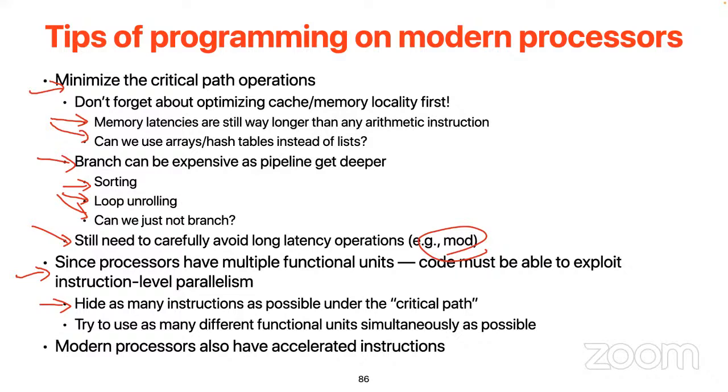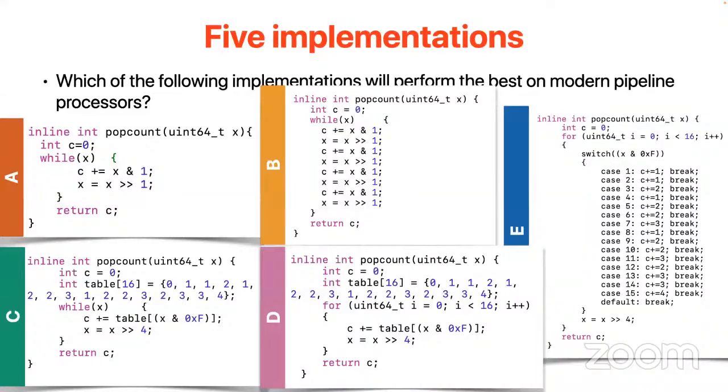And try to use as many different functional units as possible. I think in the lab, there are lots of examples like that. And also, modern processors have many accelerated instructions. Can we use them? So for this particular pop count program, we have explained that in great detail.